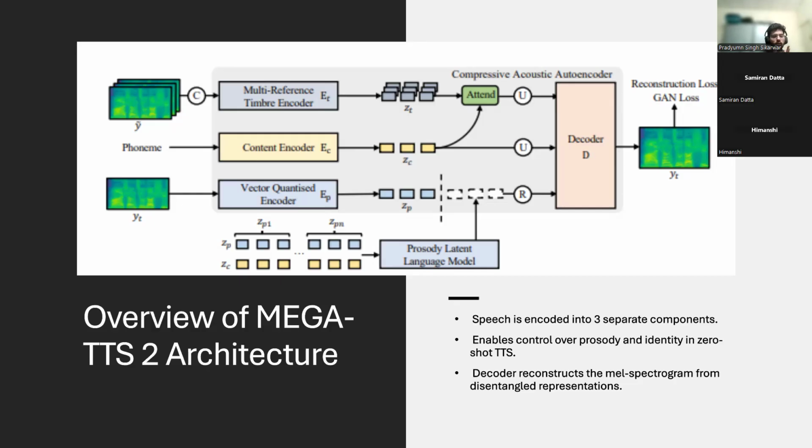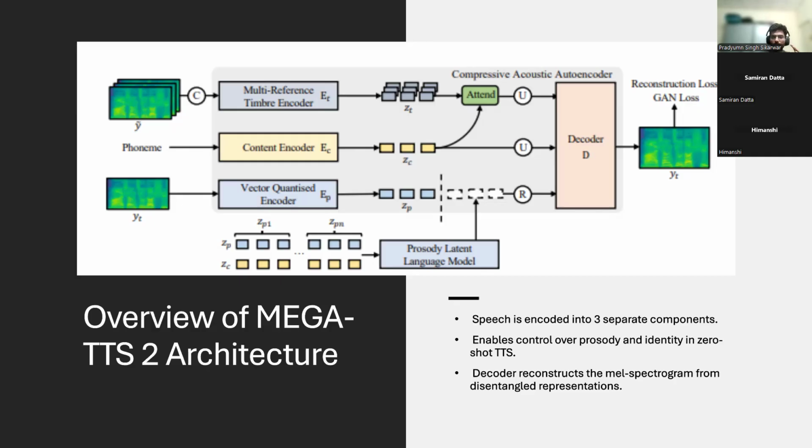And how is this separation done? This separation is done with the help of three encoders. As you can see in the image, on the top we have a multi-reference timbre encoder, which is our most important component, which I'm going to discuss in my further slides also. In the center, we have a content encoder. And the third is the vector quantized encoder.